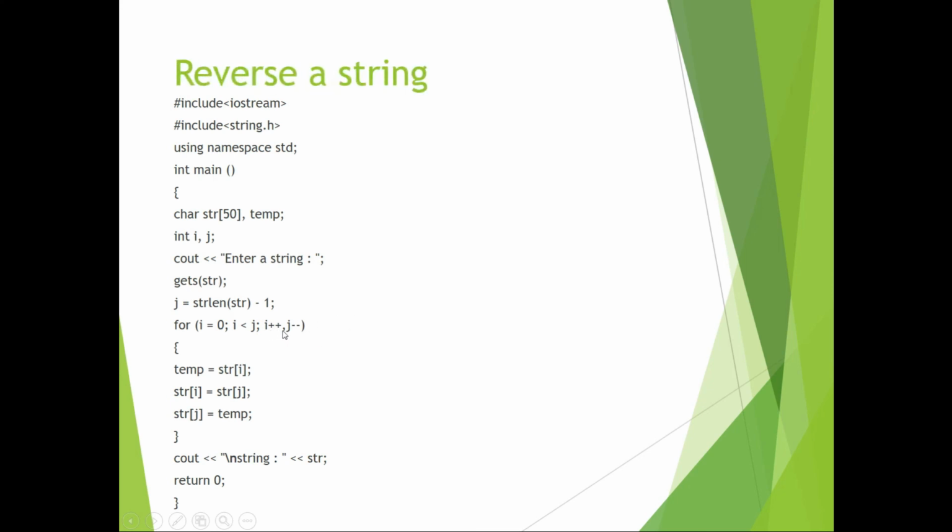Here you can see I is incremented, comma, j is decremented. This is also possible in C++. Simultaneously you are incrementing I as well as decrementing j, so my string keeps on reversing. At last I get a reversed string. This is a program for reversing a string.